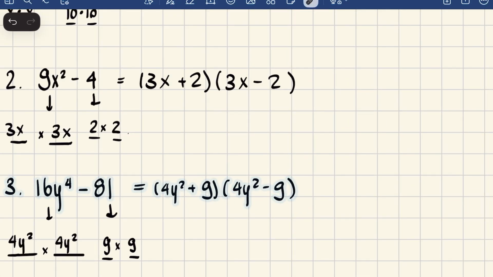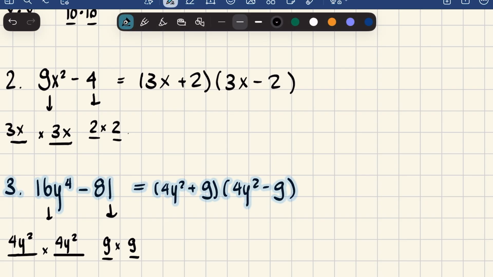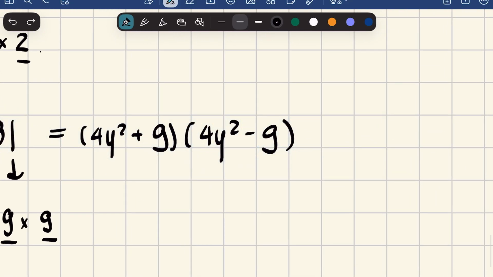We are actually not done with this problem yet, as this 4y squared minus 9 also happens to be a difference of squares. So we use the same method as before. What two values, when multiplied, give us 4y squared? Well, we have 2y times 2y. Same thing for 9. What two identical values, when multiplied, give 9?